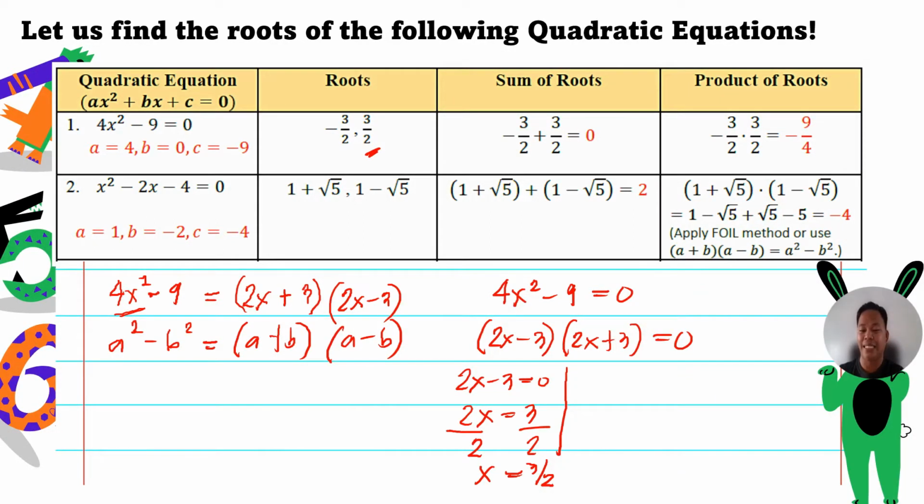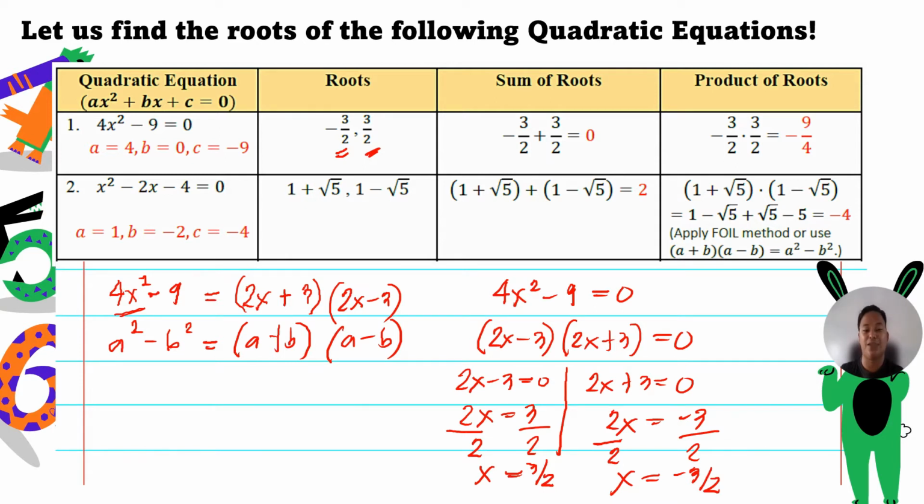And the other root, 2x plus 3 is equal to 0. 2x is equal to negative 3. Then, divide by 2. Therefore, x is equal to negative 3 over 2, which is also here as the given root.